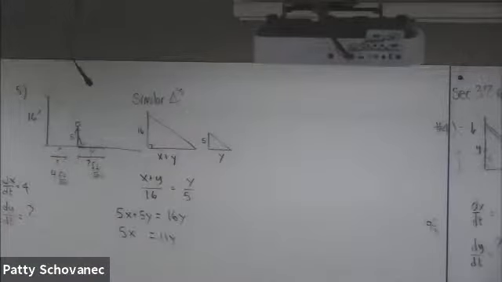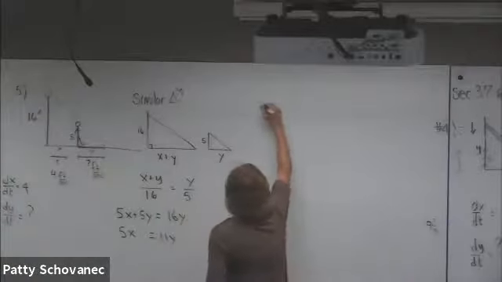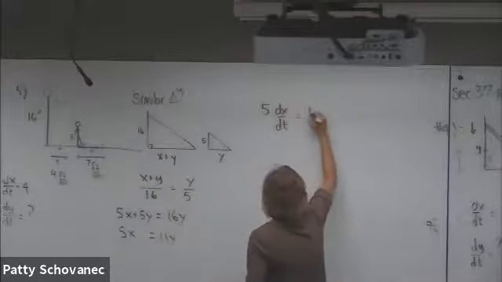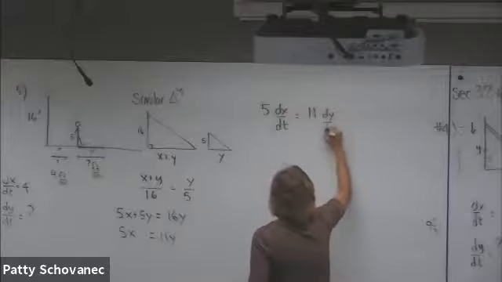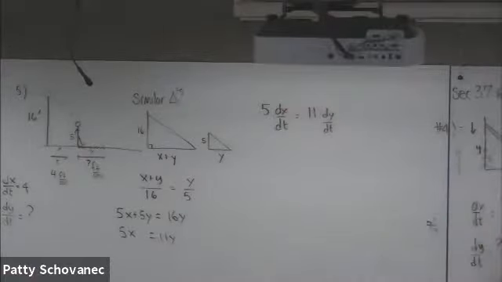And now take the derivative of both sides. So you have 5 dx dt is equal to 11 dy dt. So the change in the length of the shadow doesn't even depend on how fast or where he is at any time t. It's all in terms of the rates.